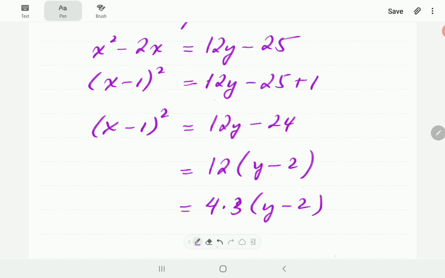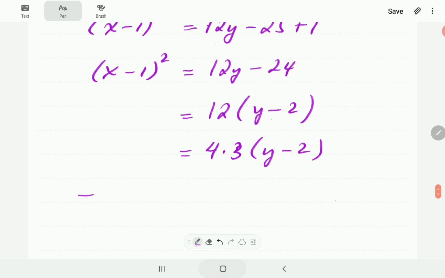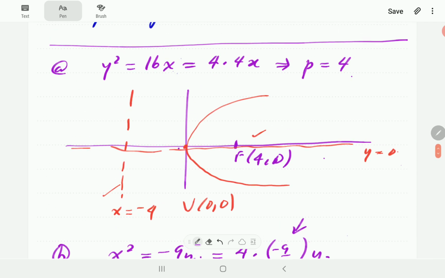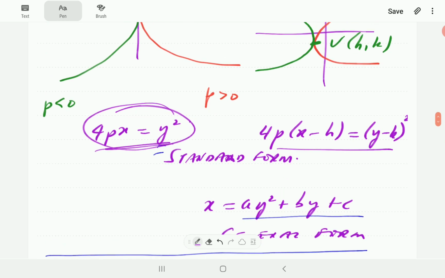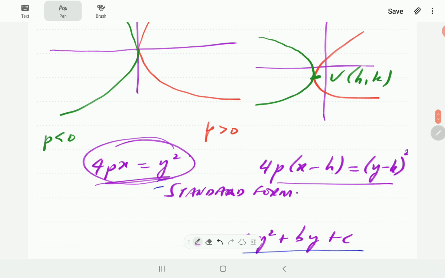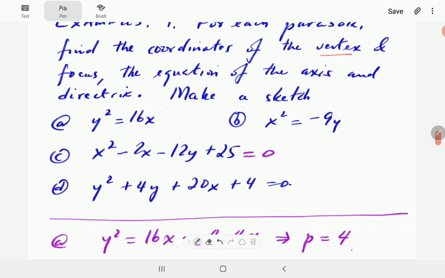Okay, so this becomes our p. So p is equal to 3. The vertex is going to be 1, 2, because notice, the vertex is hk, then we've got minus h here and minus k here.